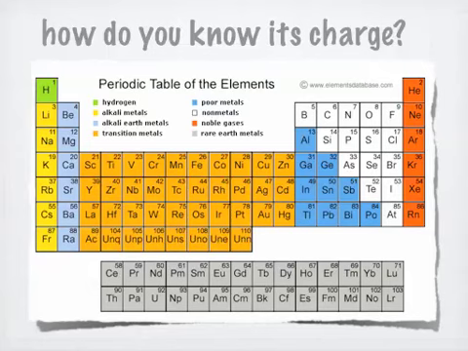If I give you chlorine over here, well, that guy's going to have a negative charge because it needs 1 more electron. And so chlorine will have a negative charge. These guys will have -1, these guys will have -2. Okay, these guys will have +1, and the first column will have +1, and the second column will have +2.